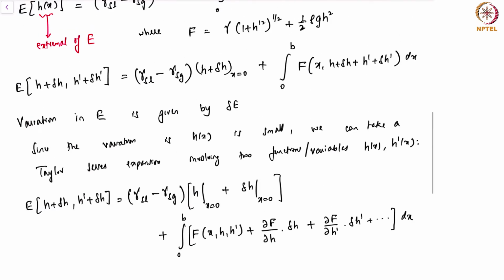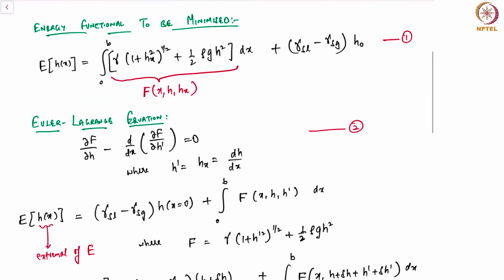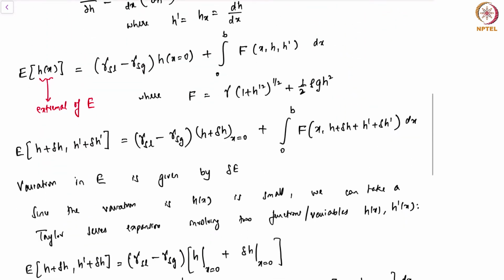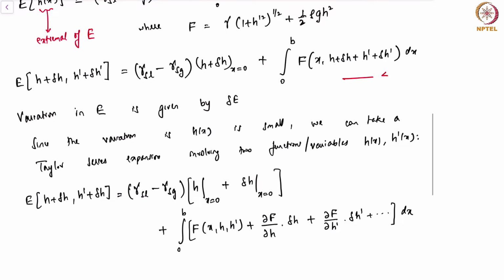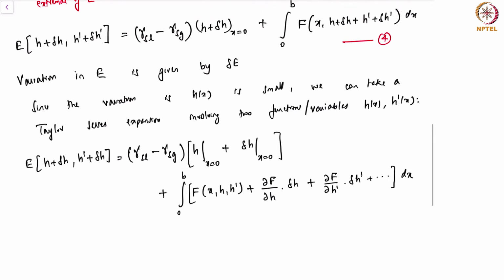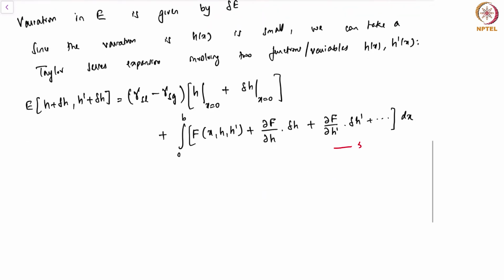So let's label them. This equation I'll call equation 3. The equation of E at h plus delta h and h prime plus delta h prime is given by equation 4, and we have now 5. Okay, so now I can do subtracting.